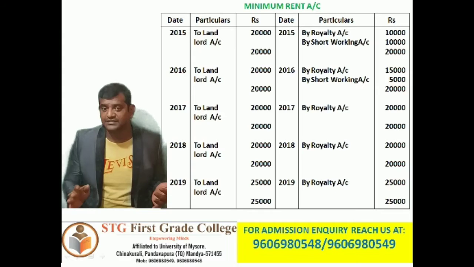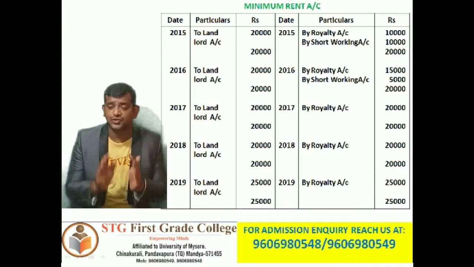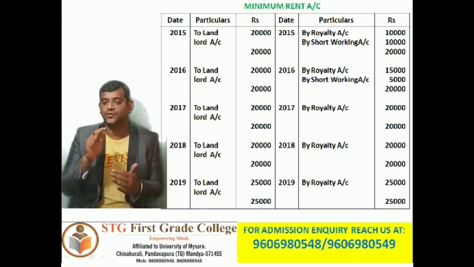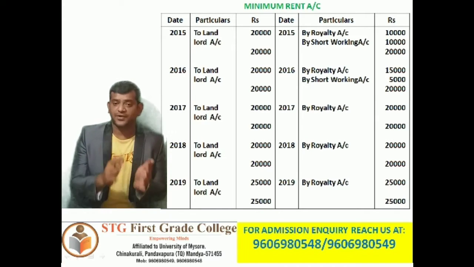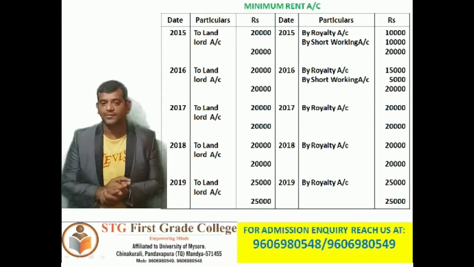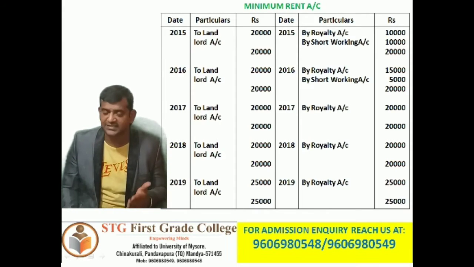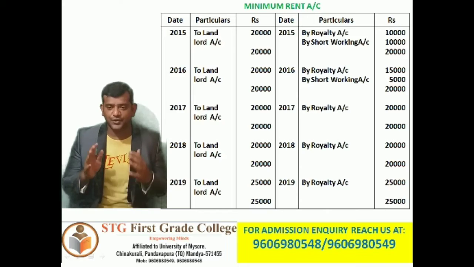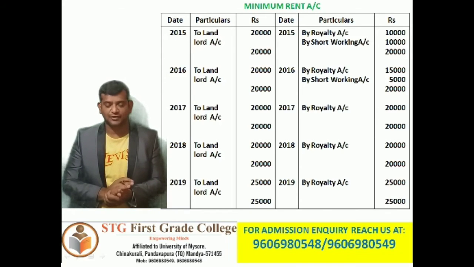In the year 2017 we could produce the minimum rent amount; our production was exactly equal to minimum rent. In the year 2018, to landlord account 20,000, by royalty account 20,000.